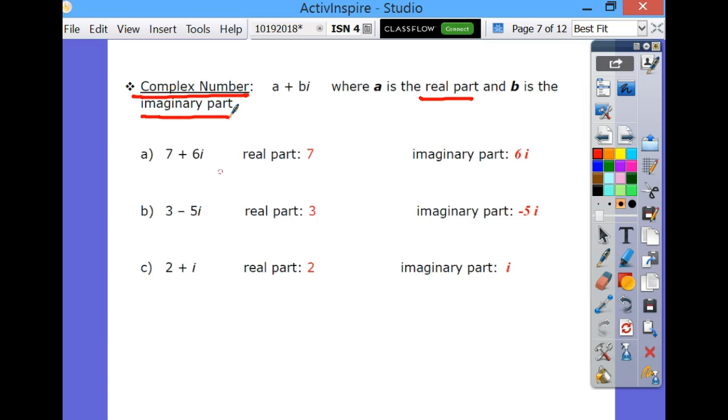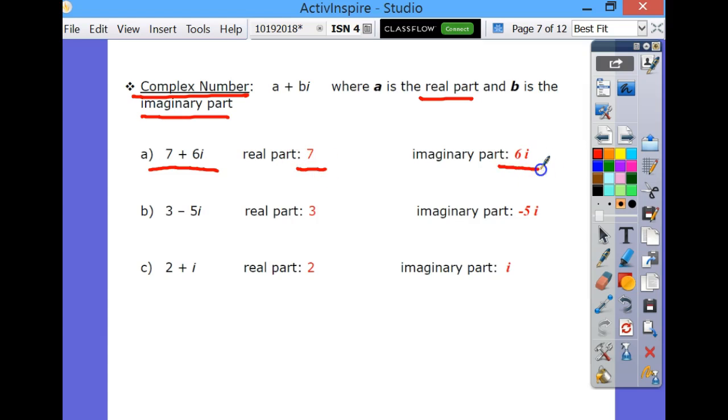And you can't combine these and make it into a 13i because this new number has to follow all the same rules that you've already learned in your arithmetic and algebra. And one of the most important rules you've learned is combine like terms. You can't combine these because it's not alike.